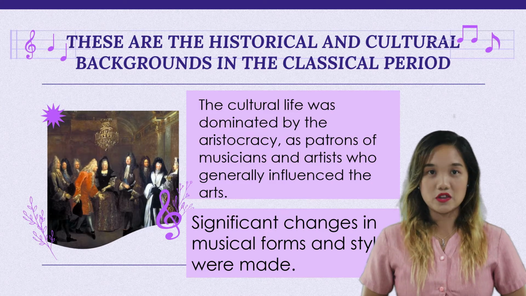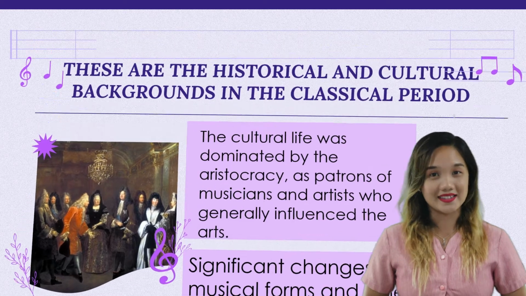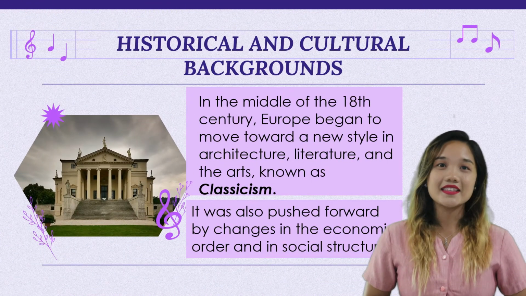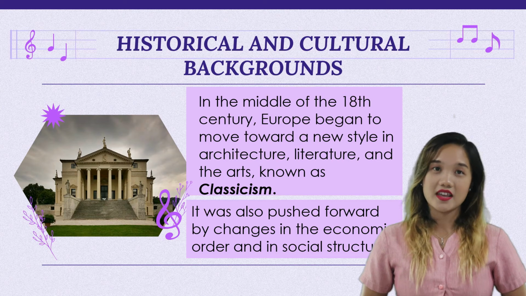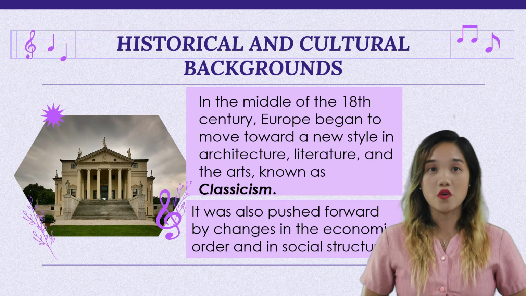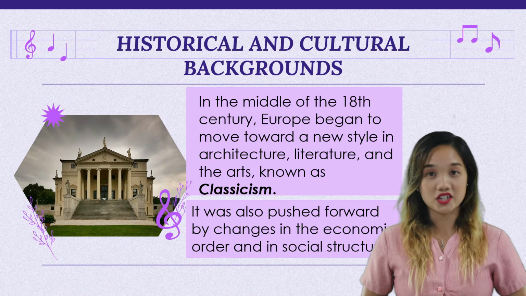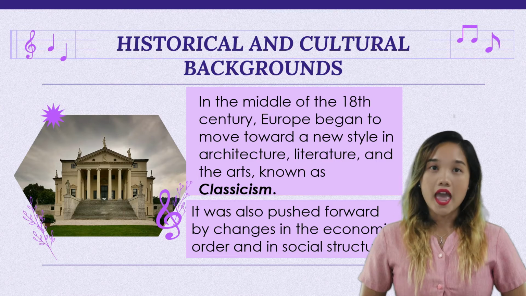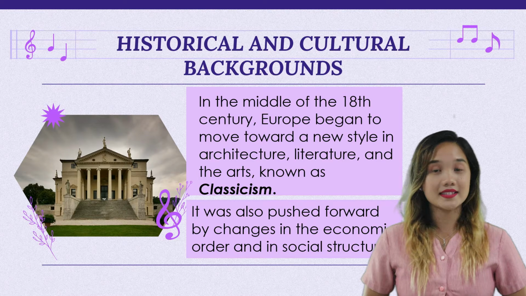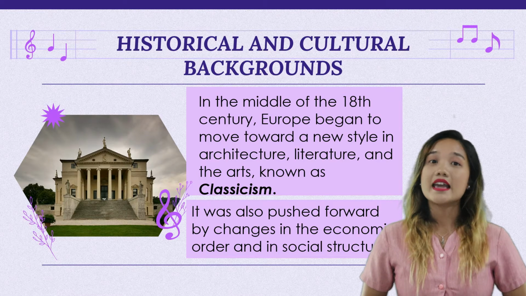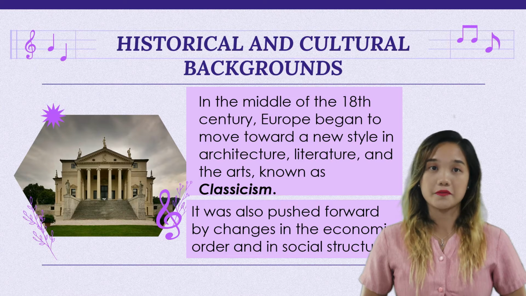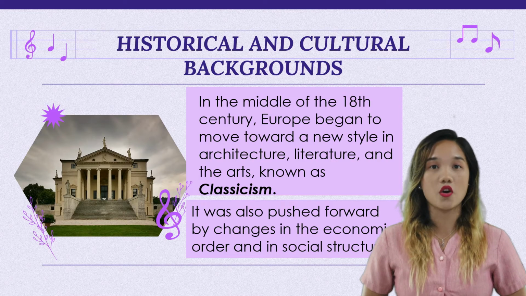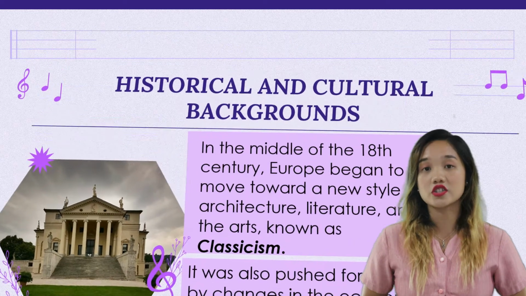Significant changes in musical forms and styles were made. In the middle of the 18th century, Europe began to move toward a new style in architecture, literature, and the arts, known as classicism. It was also pushed forward by changes in the economic order and in social structure.